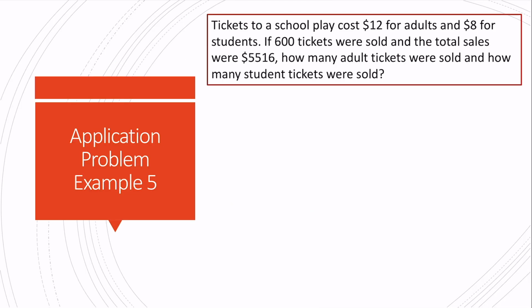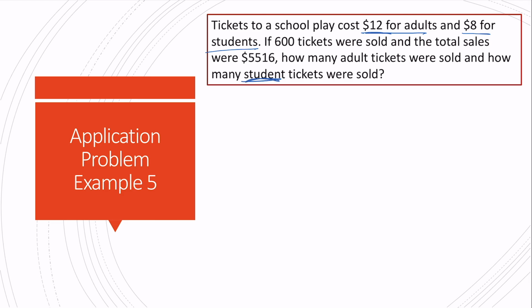Our application that I want us to solve using elimination is as follows. Tickets to a school play cost $12 for adults and $8 for students. If 600 tickets were sold and the total sales were $5,516, how many adult tickets were sold and how many student tickets were sold?